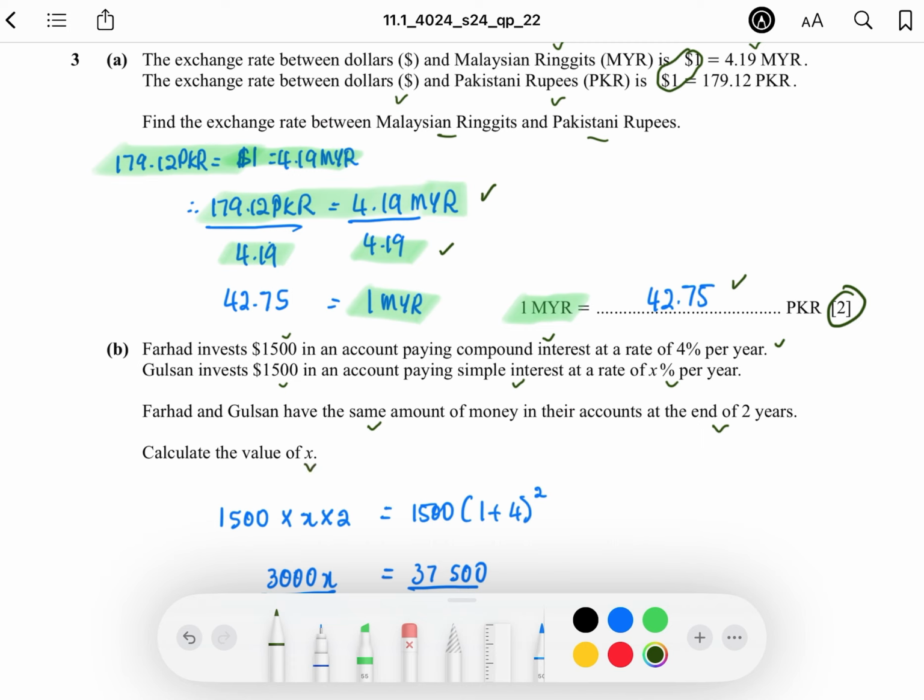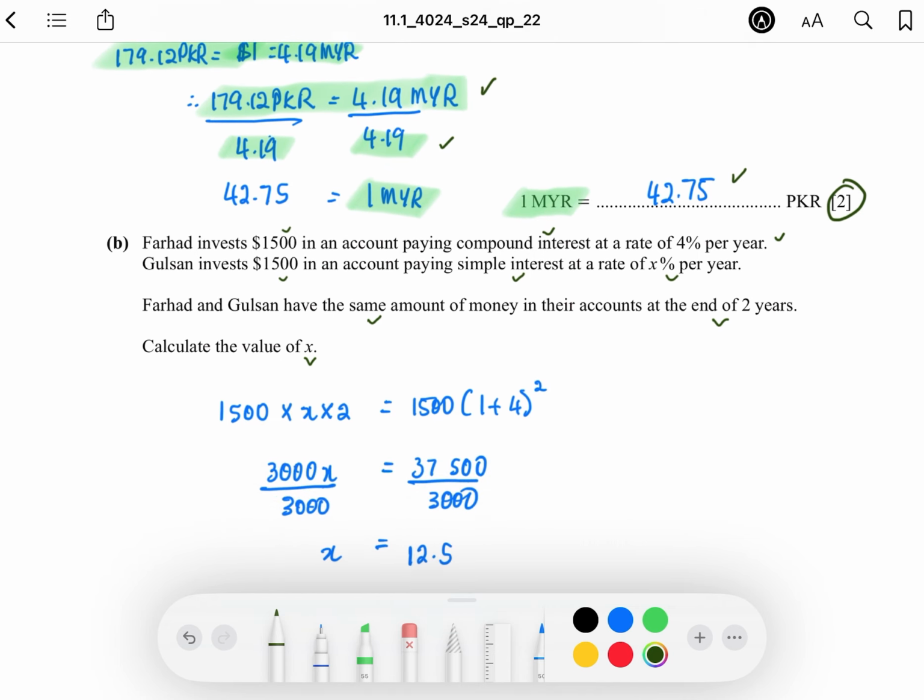So looking at the working here, this person wrote that one, so that means using x for simple interest, which is interest equals PRT.